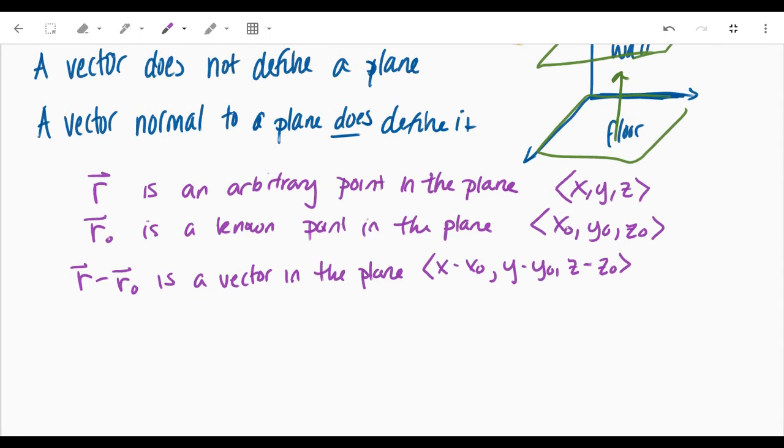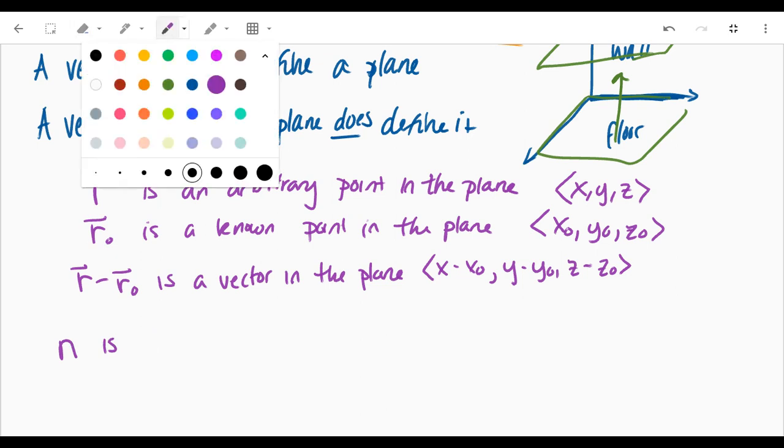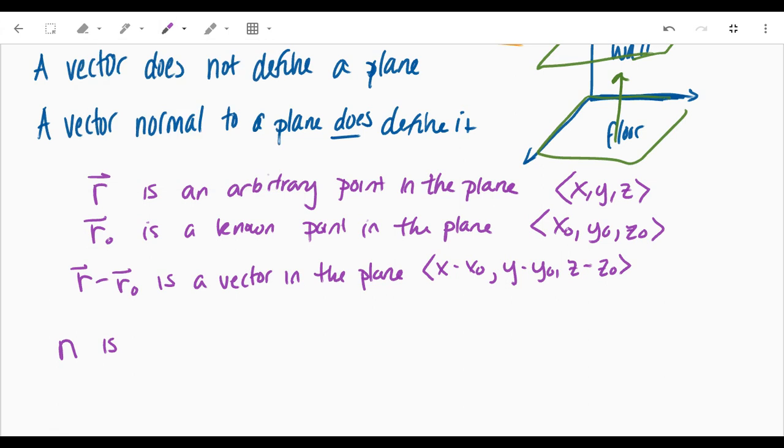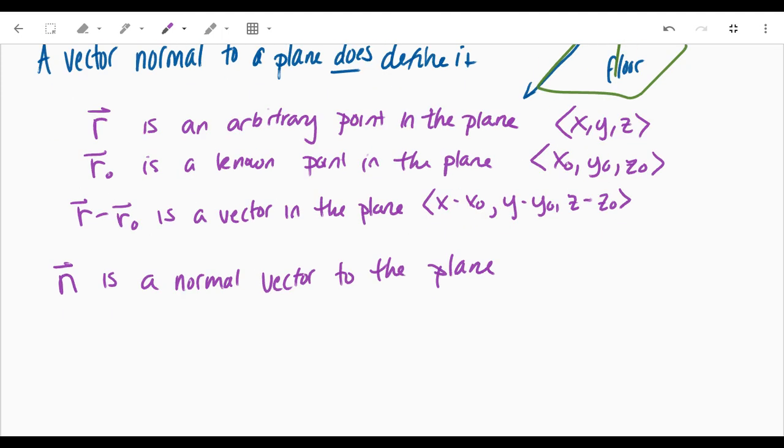So a normal vector n, what we know must be true is that n dotted with r minus r naught has to equal 0, because they would be perpendicular to each other.